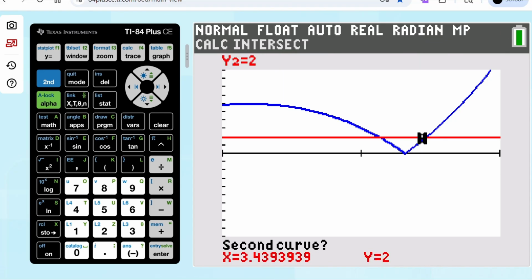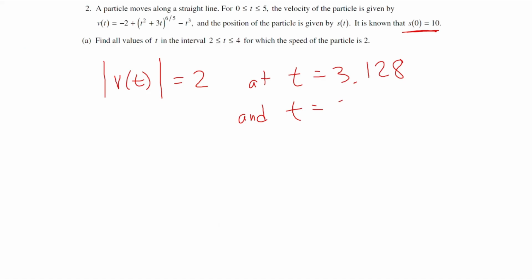Hit enter, go a little past it, hit enter a third time, and we get 3.473402, or just 3.473 when we round. And they gave us 2 points here, one for the setup and one for getting both of the answers correct.